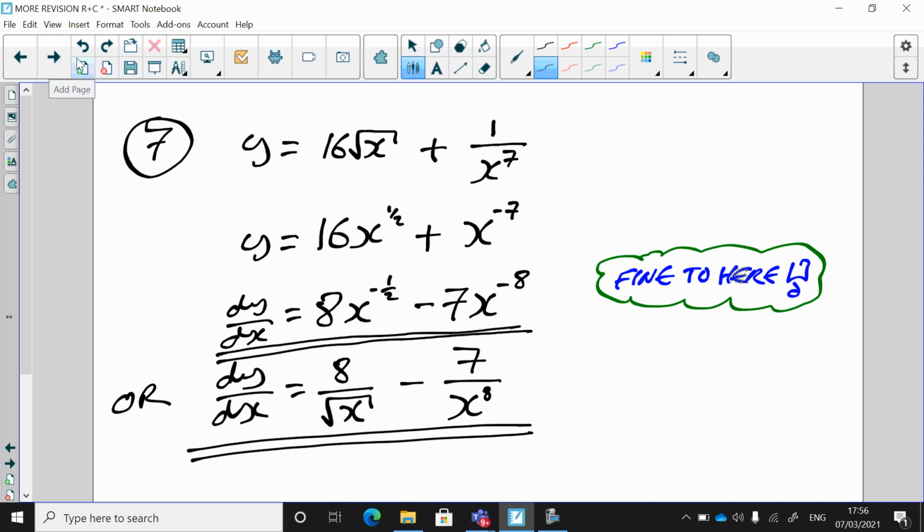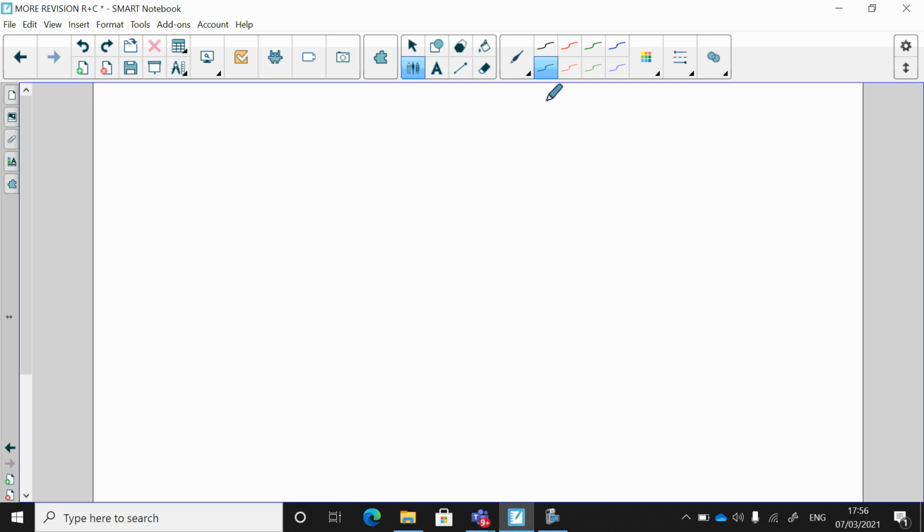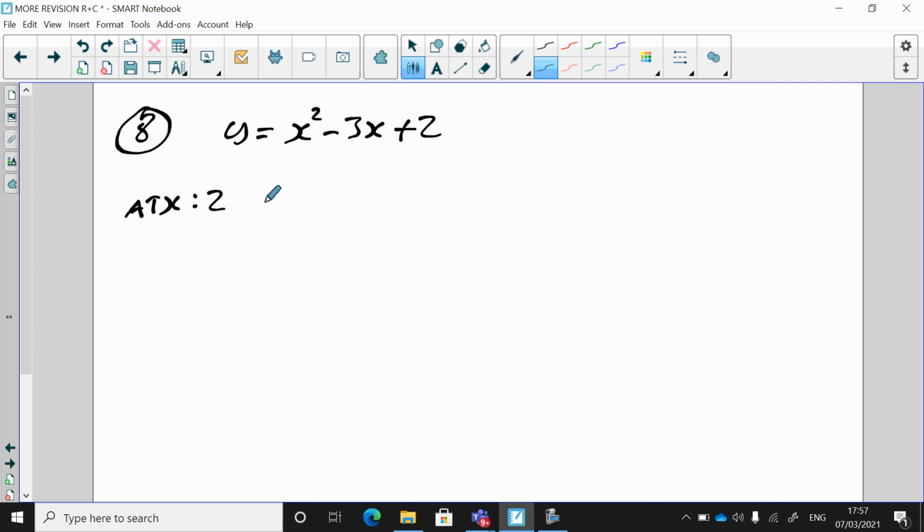Let's go for it. Right, that's us over halfway through here. So, question 8. So, what have we got here? We're trying to find a tangent to this curve here. Right, so you've seen the question.